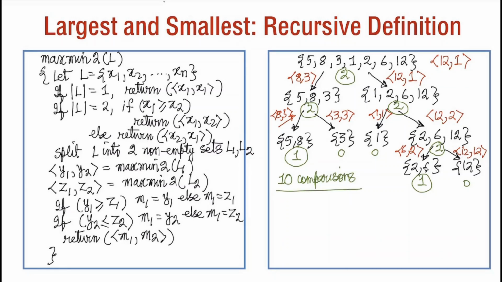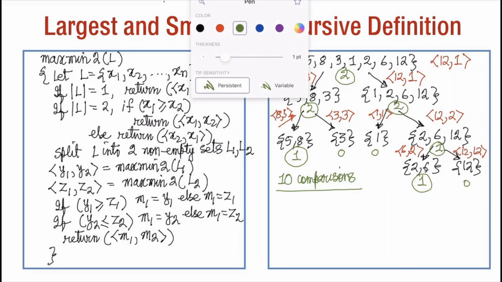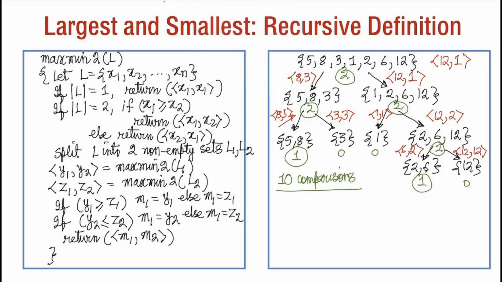On the other hand, if you observe very carefully, you will notice that for this branch of the tree, we required 1 plus 2, 3 and 2, 5 comparisons.